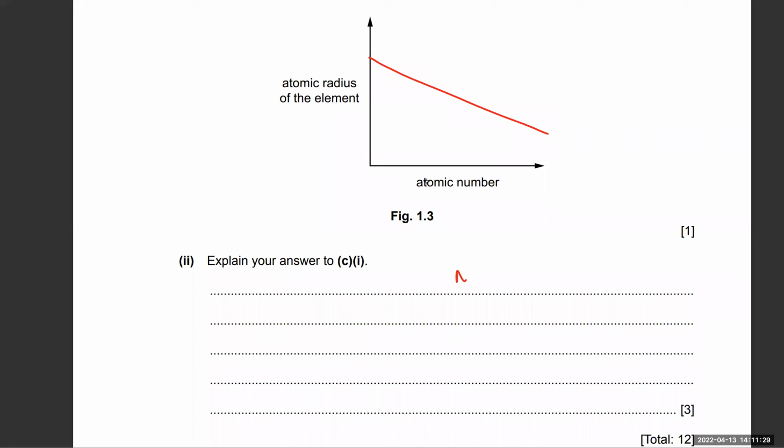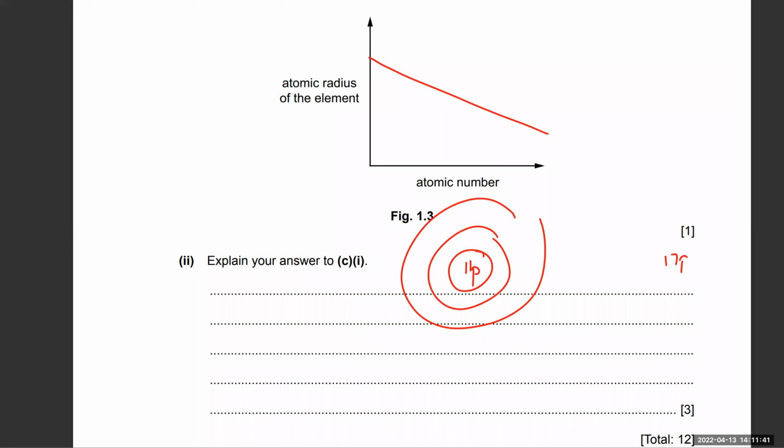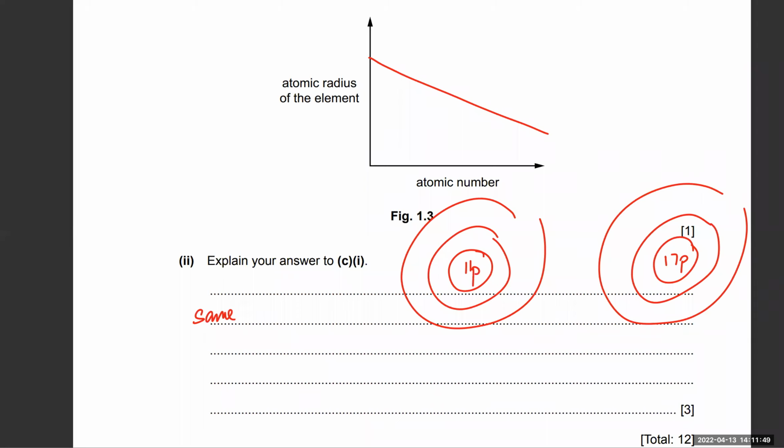Okay, if I take sodium on the extreme left, it has 11 protons, so it has 11 electrons. And I have chlorine, which is 17 protons, and it's got a total of 17 electrons. The thing is, they both have the same shells. So the number of shells remains constant.